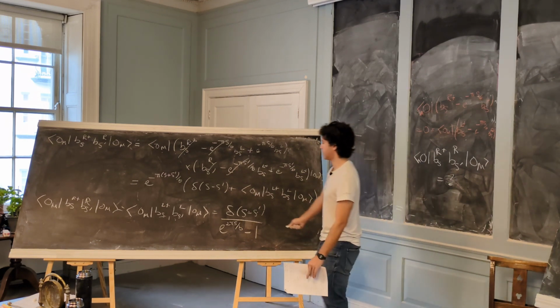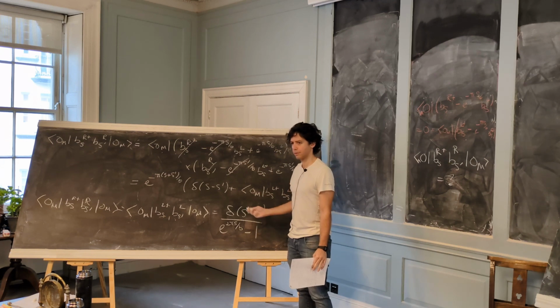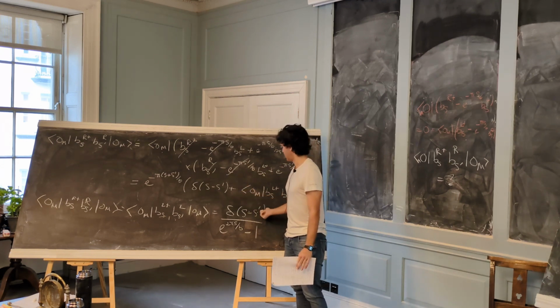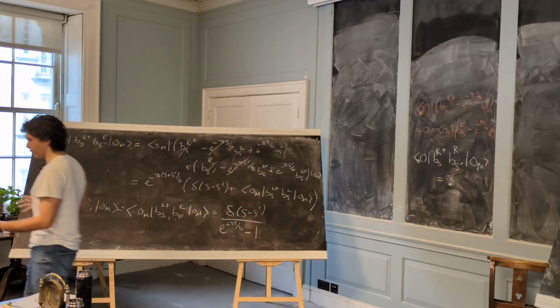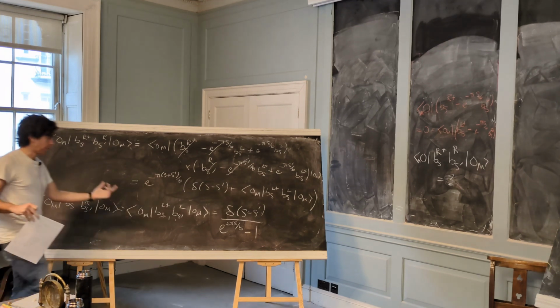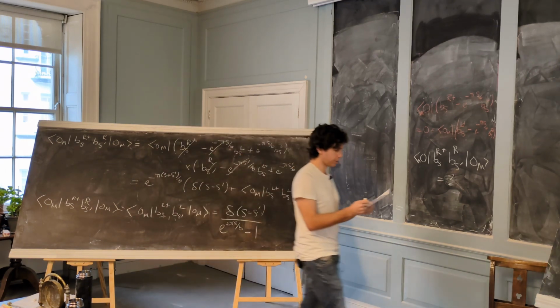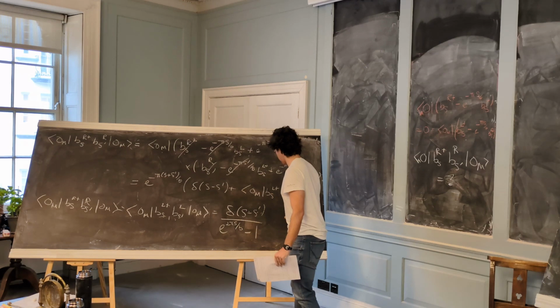Okay, so there's an obvious divergence if s and s prime are the same. That's an ultraviolet divergence. But we regulate it by considering very close, but not the same, creation operators. But this should be familiar to you.